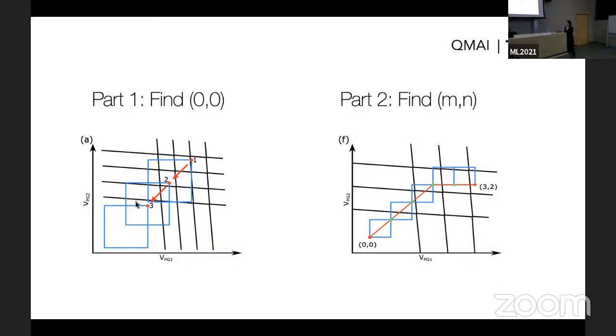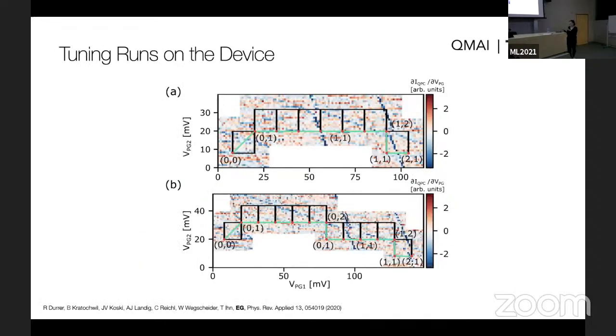And when you don't have any more lines like that, you can then systematically start moving into the state you want. So here I say, I want a state 3-2. I know that I'm in 0-0, so I will keep shifting diagonally, measure a very small patch, classify how many lines I shift and move, and so on. This is how it works.